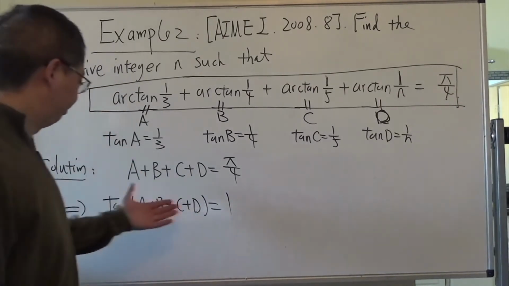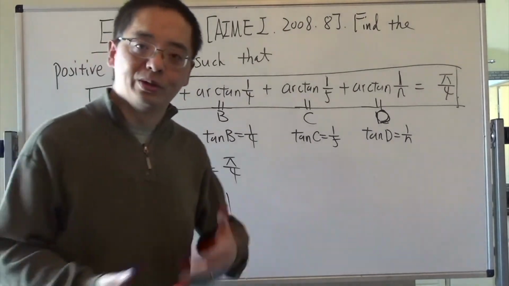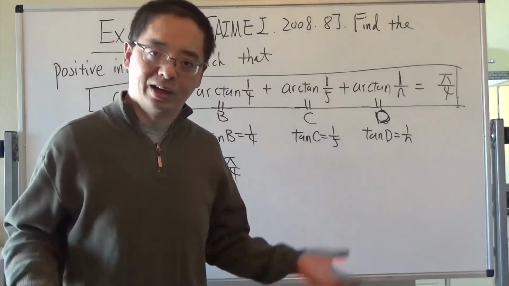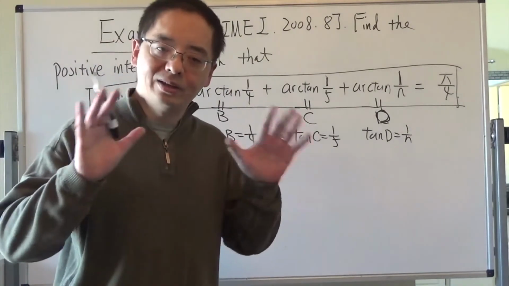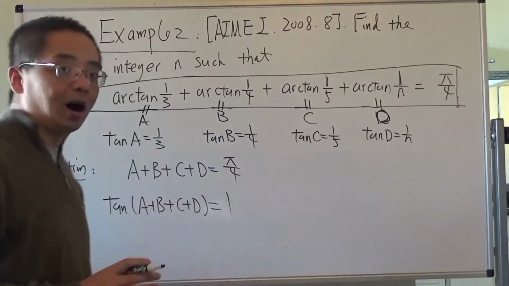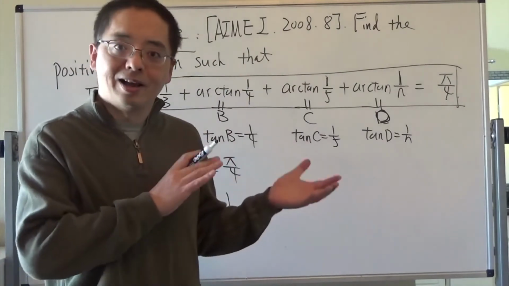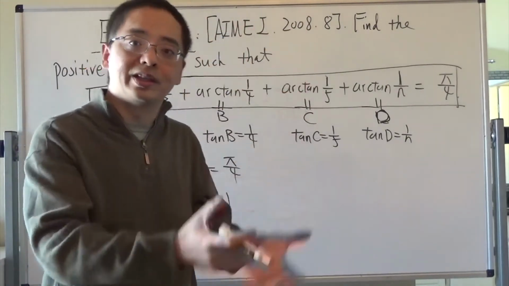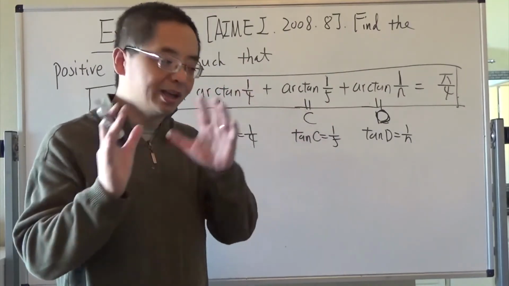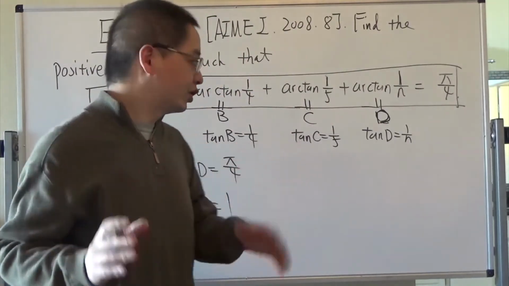Now it looks like we need the sum formula for tangent, and there's indeed a formula for the tangent of the sum of 4 angles, but that is hard to memorize. Instead, we just use the basic one that tells us how to calculate the tangent of the sum of 2 angles.